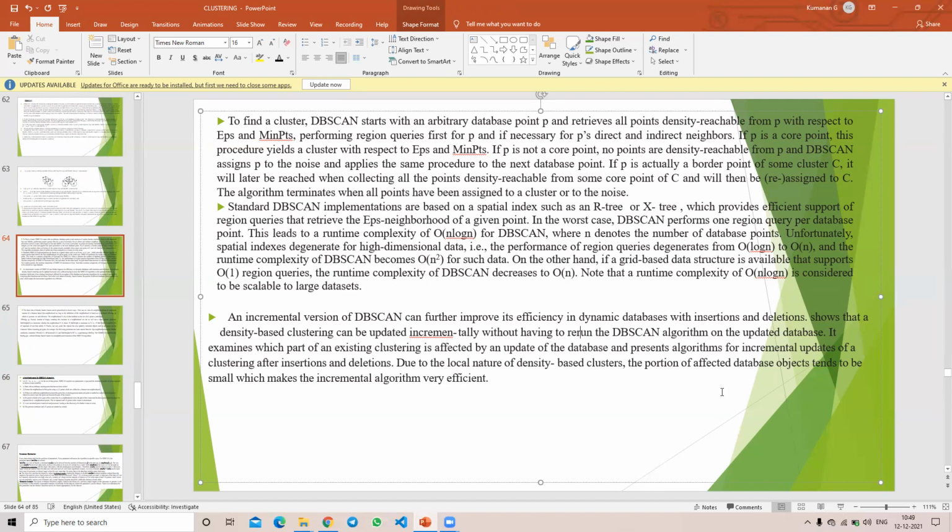It examines which part of the existing clustering is affected by an update of the database and presents algorithms for incremental updates of a clustering after insertion and deletion. Due to the local nature of density-based clusters, the portion of affected database objects tends to be small, which makes the incremental algorithm very efficient.